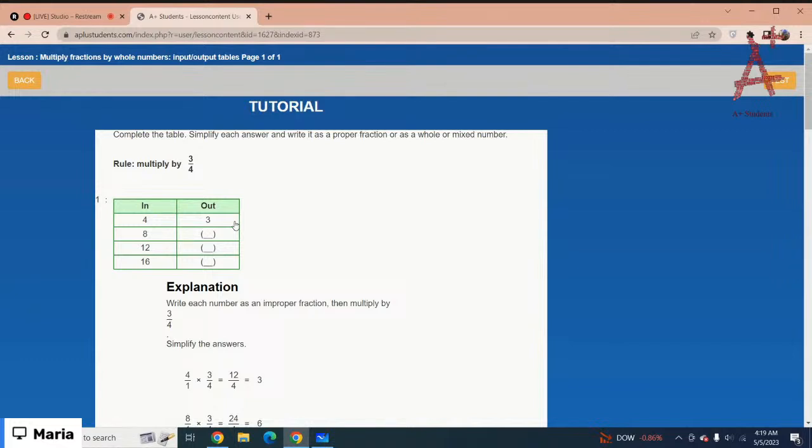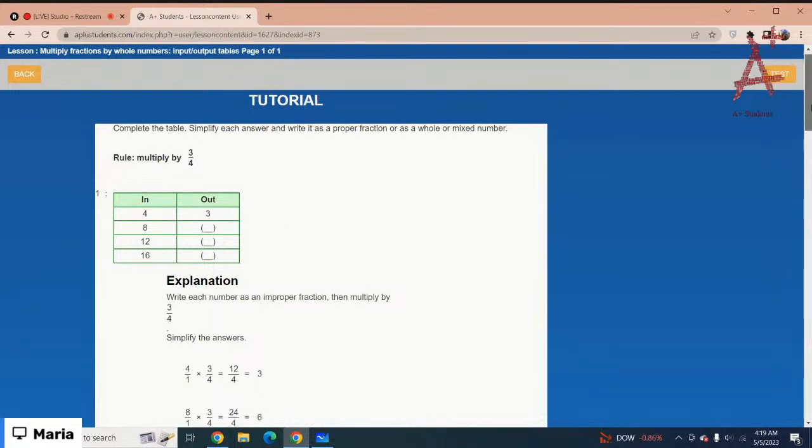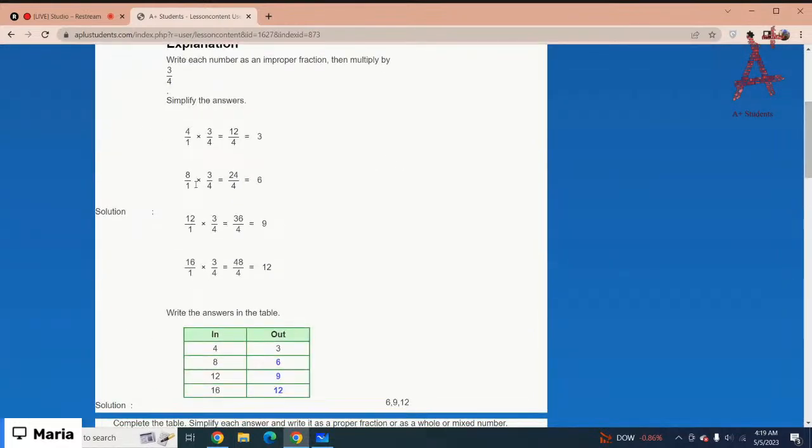The next one is input is 8. You have to write down the output. So it would be 8 times 3 over 4. Got it? You need to multiply numerator times numerator and denominator times denominator. So 8 times 3 is 24 and 4 times 1 is 4. So 24 divided by 4 equals 6.